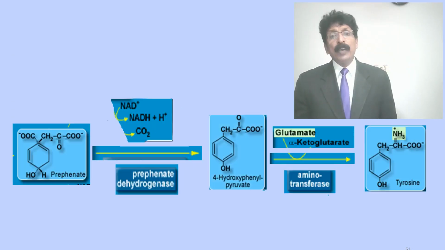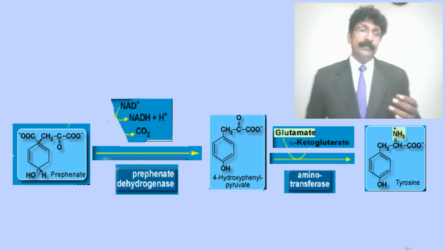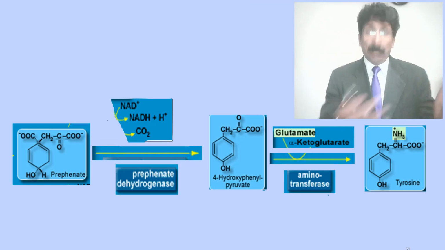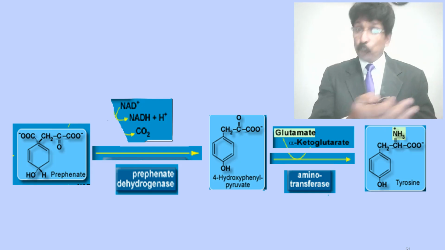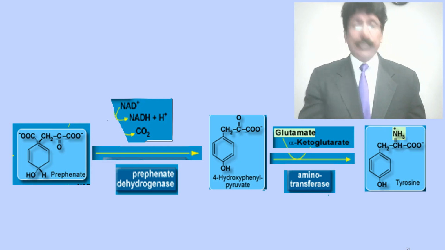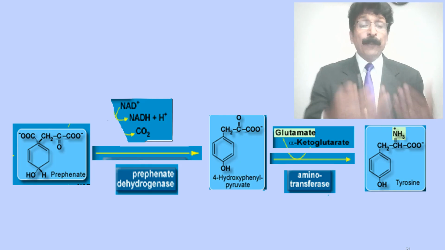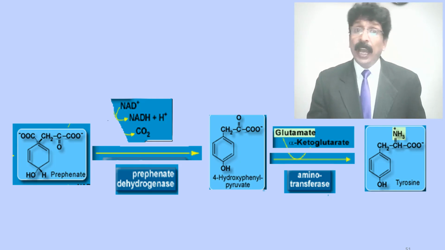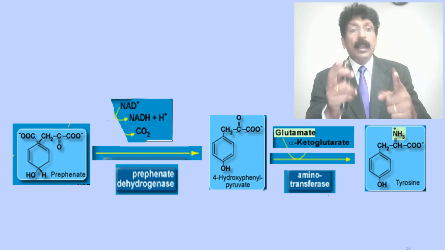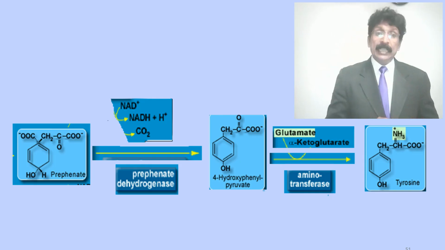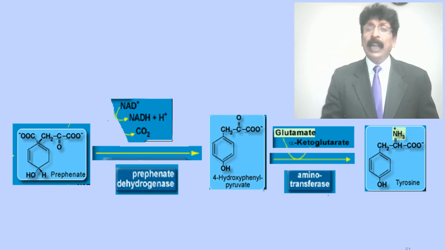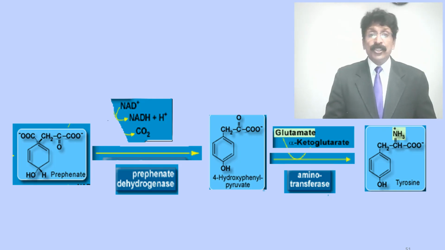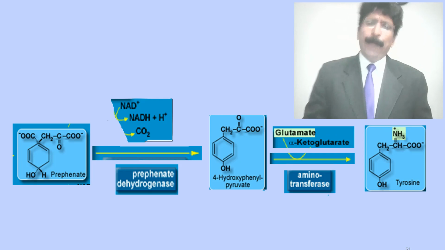And when you come to the whole reaction here, see the prephenate, it is formed from chorismic acid or chorismate by means of mutase enzyme. And this prephenate is converted into 4-hydroxyphenylpyruvate by means of the enzyme prephenate dehydrogenase, in the presence of NADH or NADPH also.